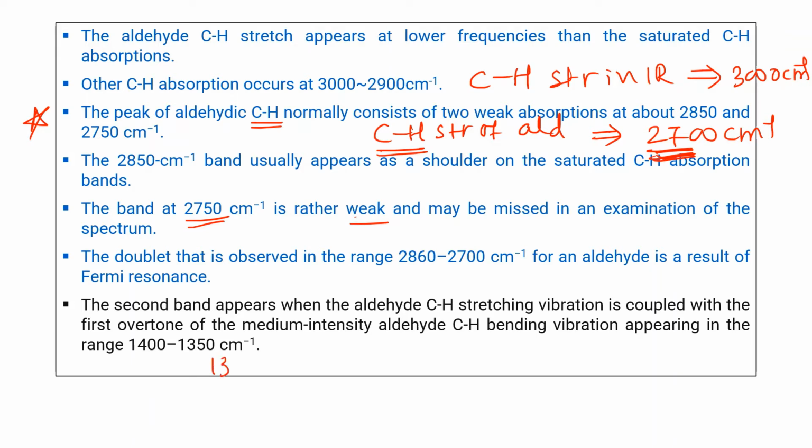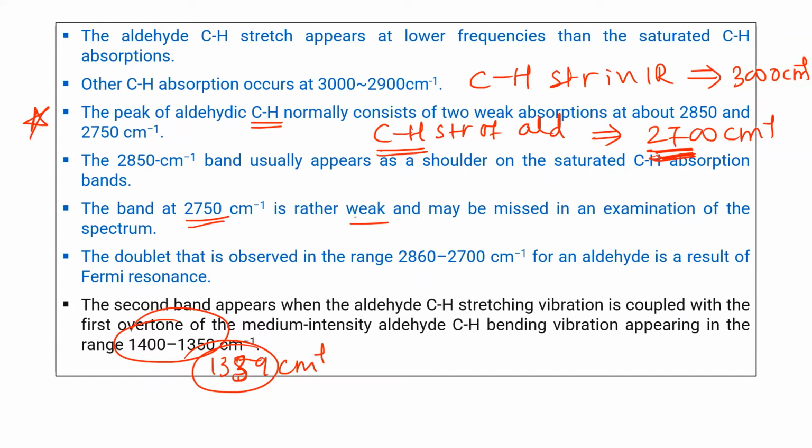So it is 1359 or 1339 centimeter inverse to be very specific. So the corresponding bending vibration of this particular functional group appears in the range 1400 to 1350 centimeter inverse.